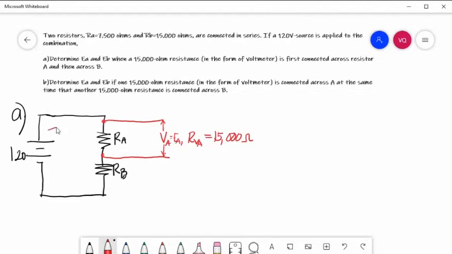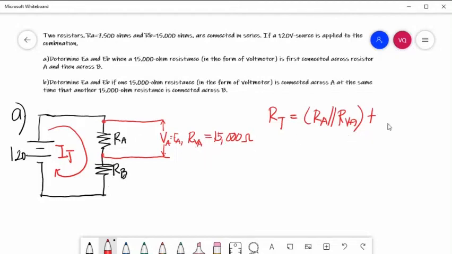So we have a current here, which is your total current, and then we must first solve the total resistance of this circuit. So for here, the total resistance is equal to the parallel combination of RA in parallel with RVA plus, of course, after we combine these two, as you can see, it is in series with RB.